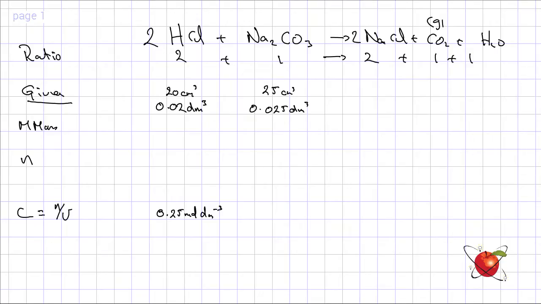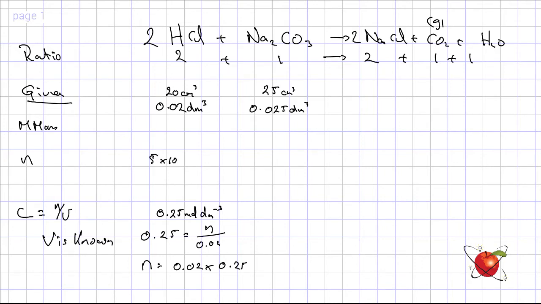What can we calculate? Well, we're given a volume. V is known. So if we know V, we can say that 0.25 is equal to N over 0.02. Therefore, N must be 0.02 times 0.25, so that is going to be 5 times 10 to the minus 3 moles.